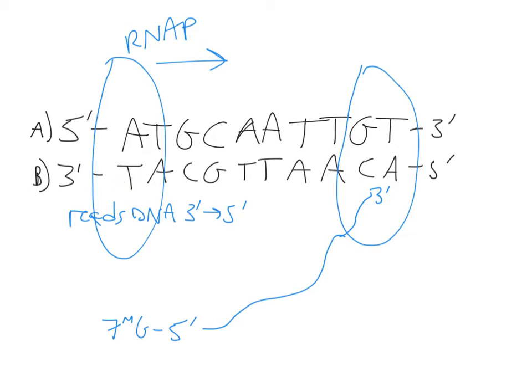What's the first nucleotide that's in that RNA molecule? It's complementary to the template strand. So there's the template strand, there's the coding strand. So all you need to know is RNA polymerase reads the template strand from 3' to 5' as it produces RNA starting at its 5' end.